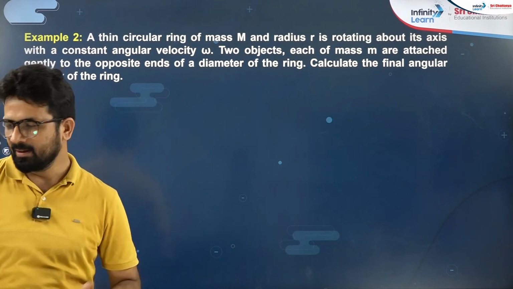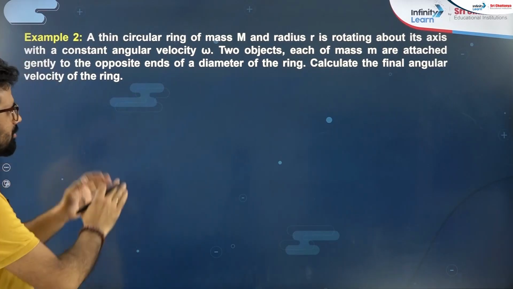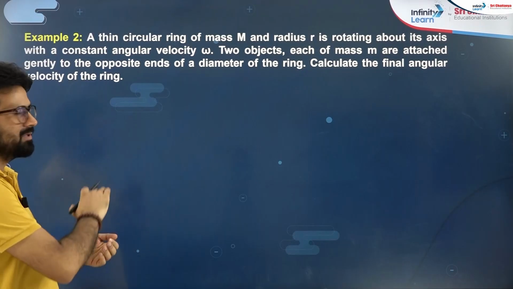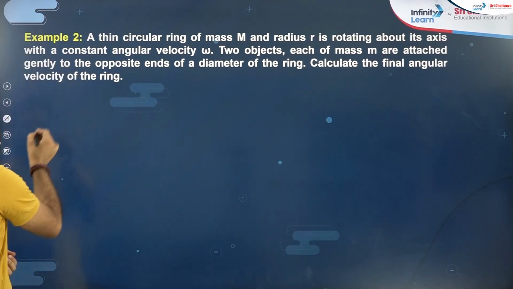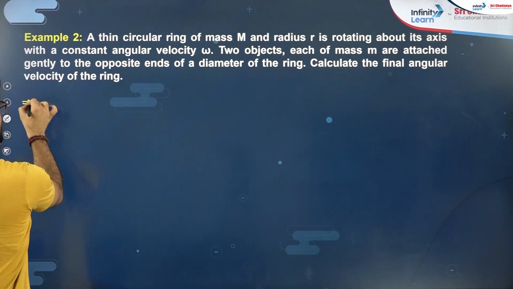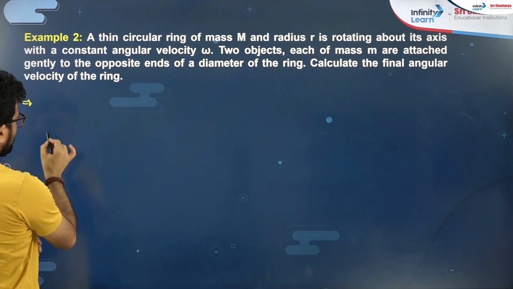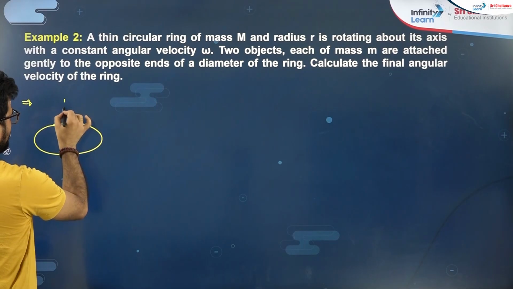Now you will find this type of problem also in the PYQ and different books. So you can pause the video, attempt this question, and start solving. You can check your answers later on. Now focus in this case. What is happening initially? There was one ring, and it is rotating about its own axis.